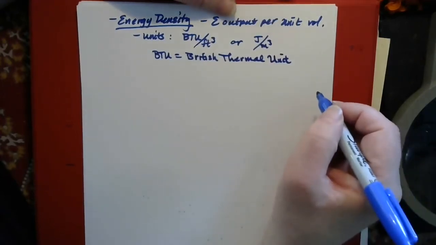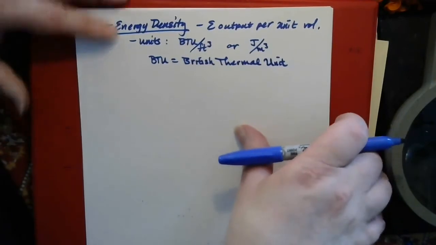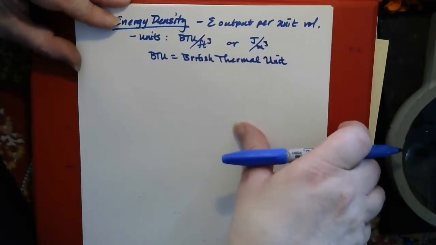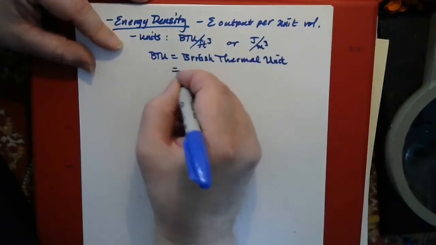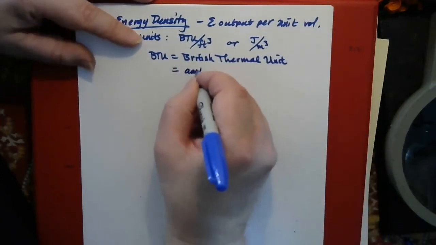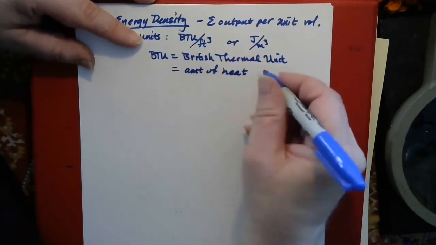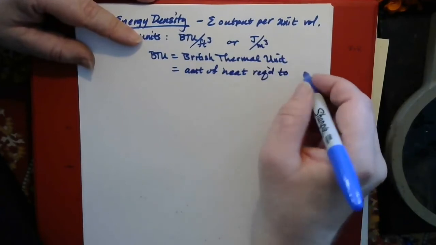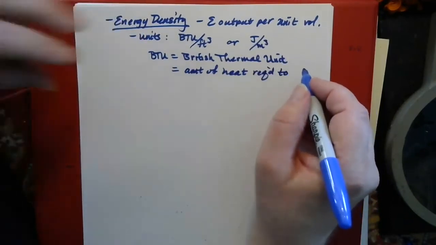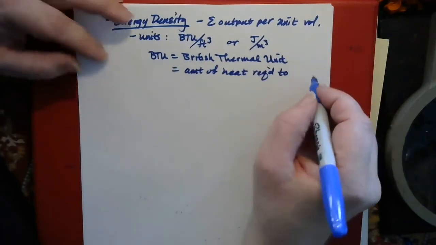And BTU stands for British Thermal Unit, so that is very much in the English system of measurement. And it is defined as the amount of heat that's required to raise the temperature of 1 pound of water by 1 degree Fahrenheit.